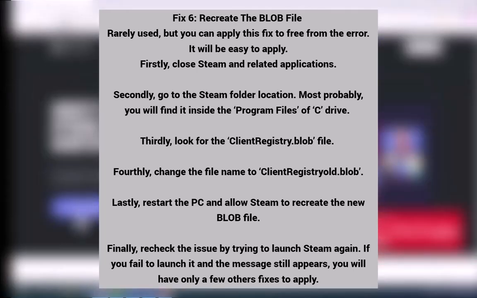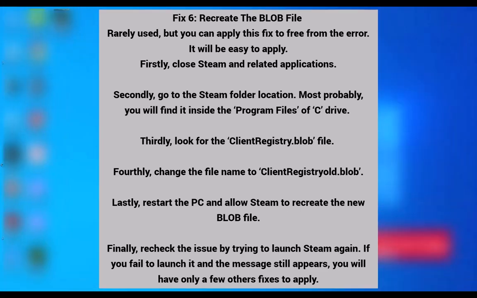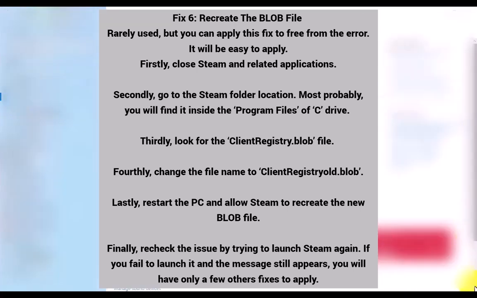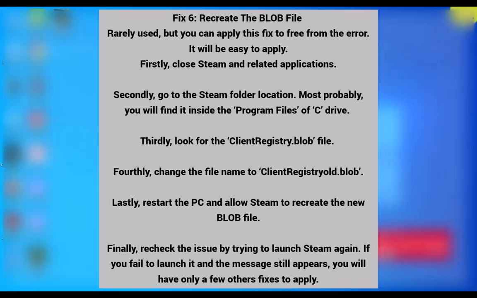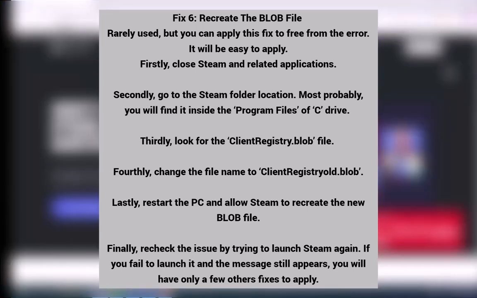Fourthly, change the file name to clientregistry_old.blob. Lastly, restart the PC and allow Steam to recreate the new blob file. Finally, recheck the issue by trying to launch Steam again. If you fail to launch it and the message still appears, you will have only a few other fixes to apply.